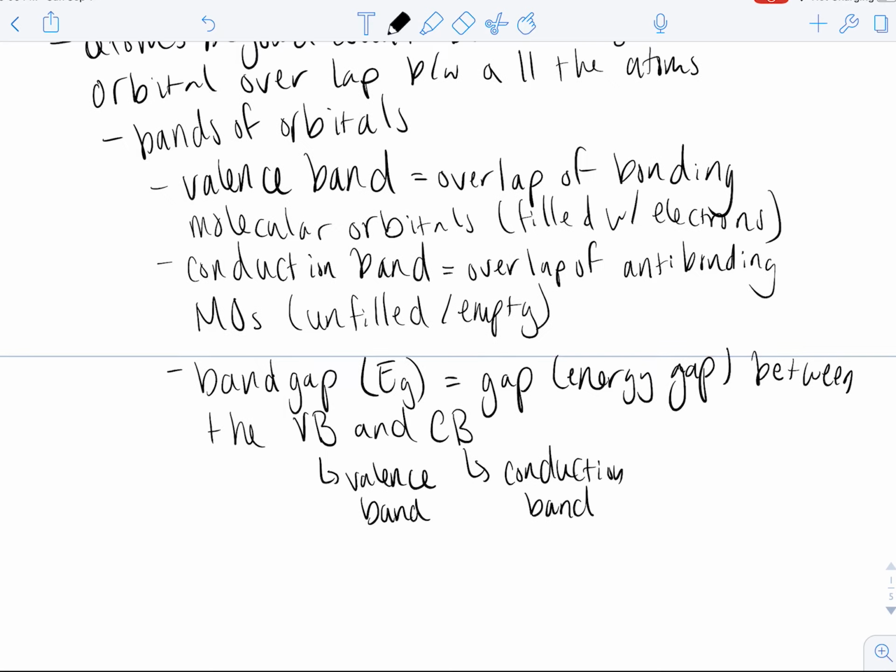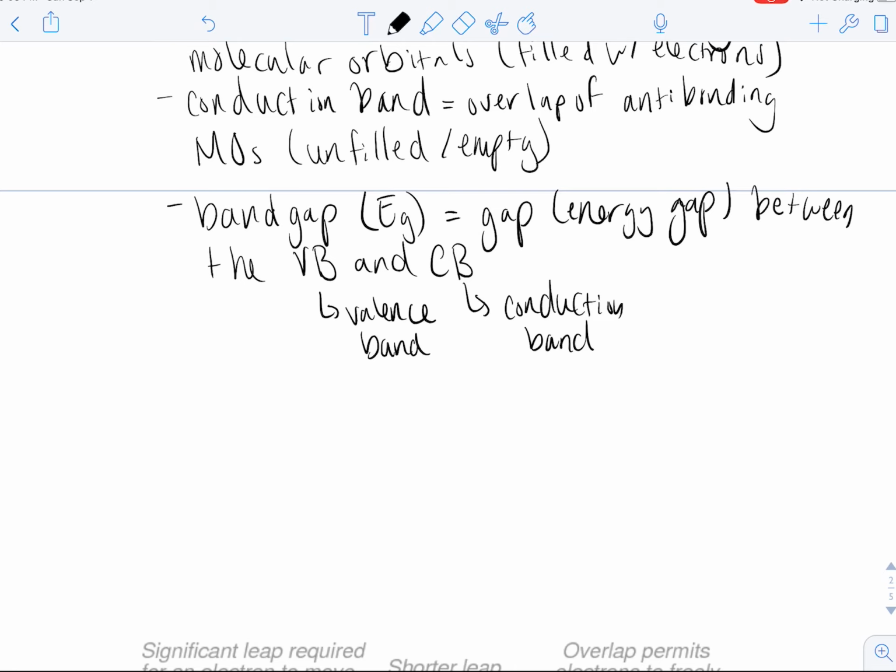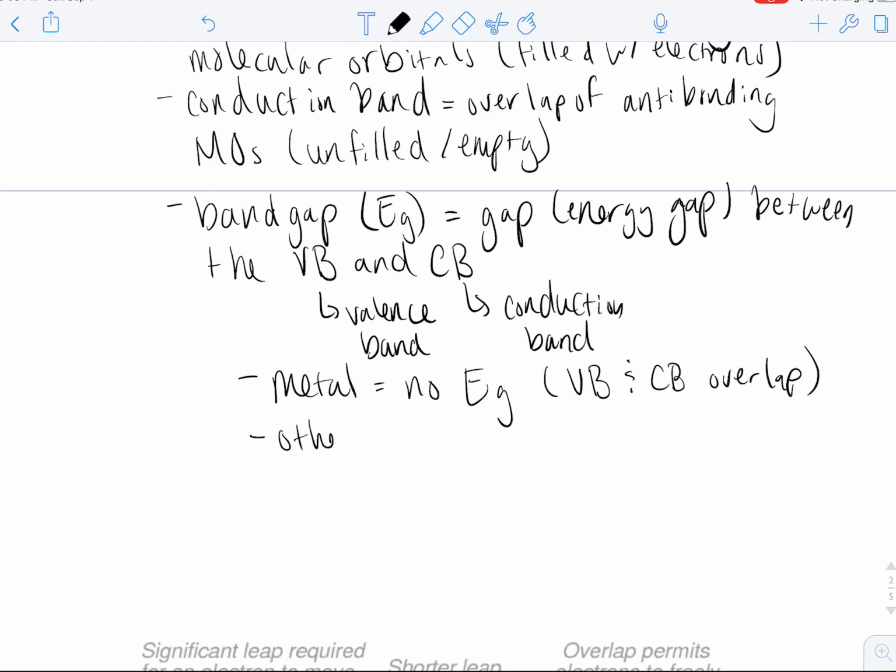Okay. So, as I said earlier, the band gap itself, if we have a metal, is non-existent. So we have no band gap. That's because our valence band and conduction band overlap. Other extended solids do have a band gap. So we have ionic solids.